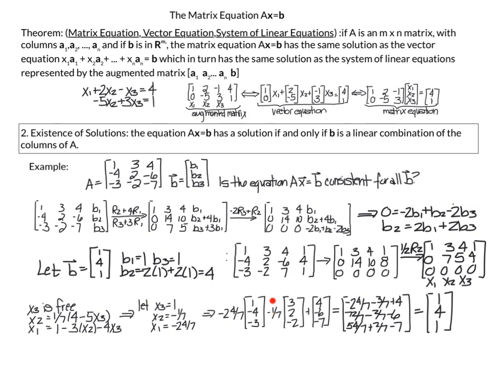My x2 is -1/7 times my column vector 3, 2, -2. And last, x3 is equal to 1 times my last column vector 4, -6, 7. And lo and behold, after struggling with my fractions and adding and multiplying, I get 1, 4, 1, which is exactly b. So this is how you would get the linear combination.